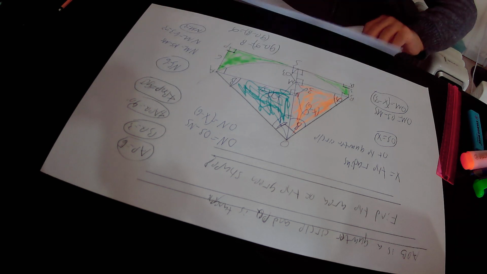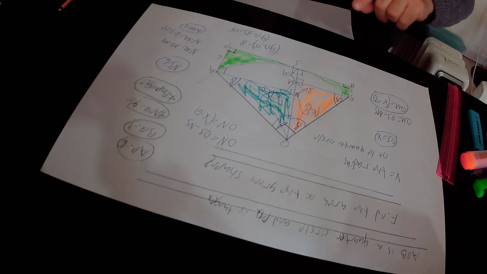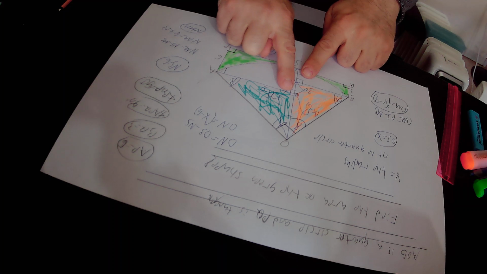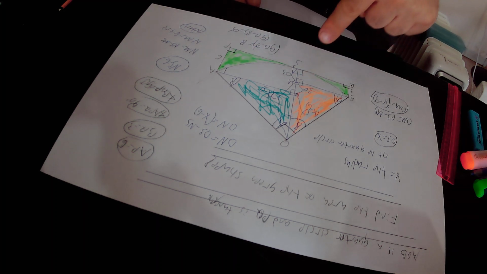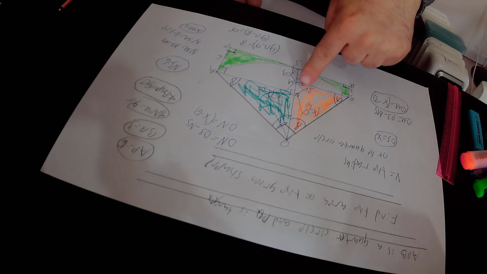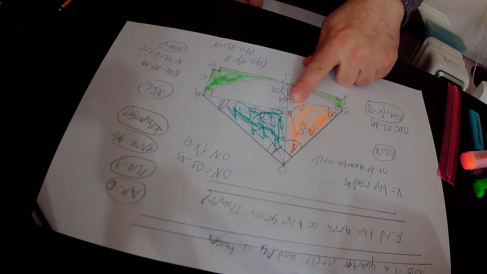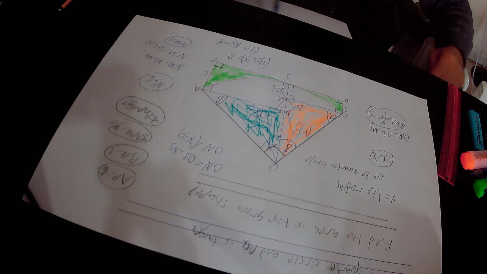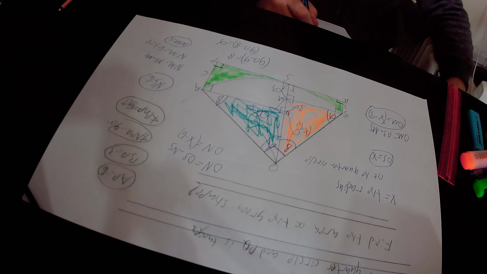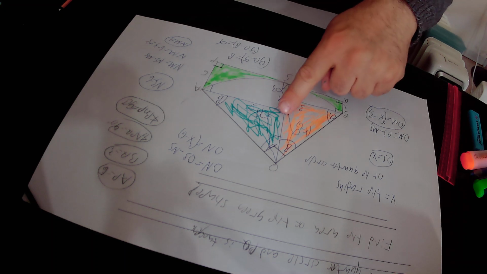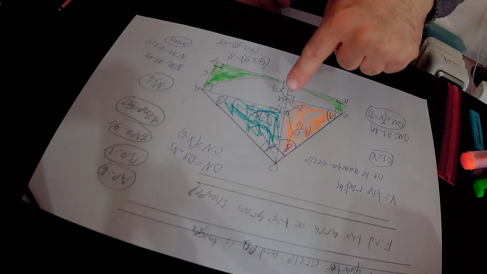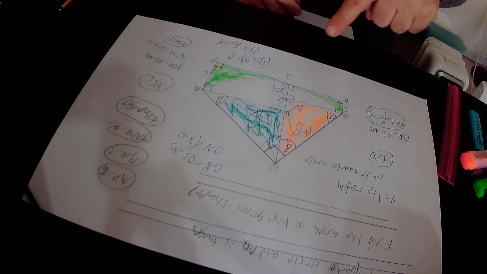And finally, those two angles are both right angles, therefore they are equal to each other. So this is angle OMB in the orange triangle, and it is equal to this angle, that is actually angle ANO in the blue triangle.